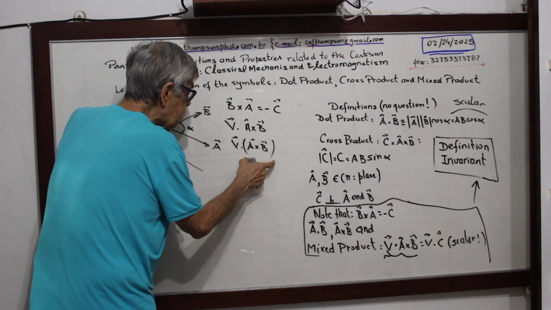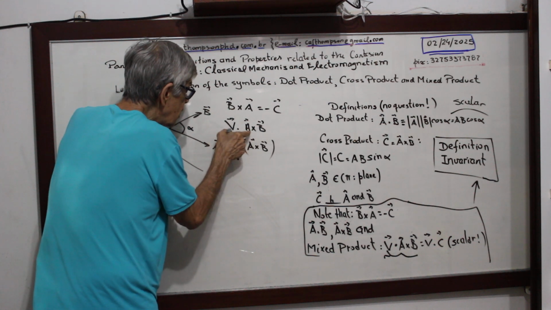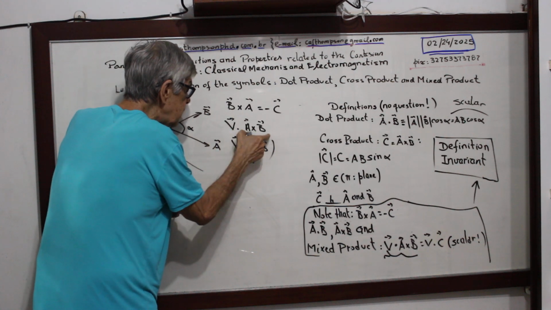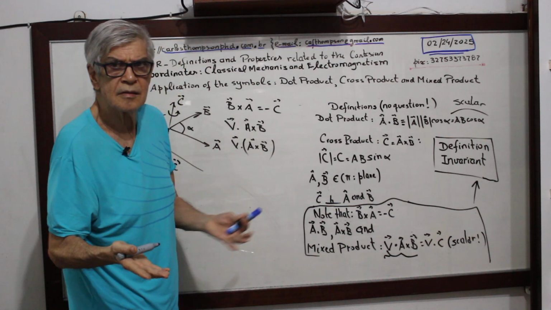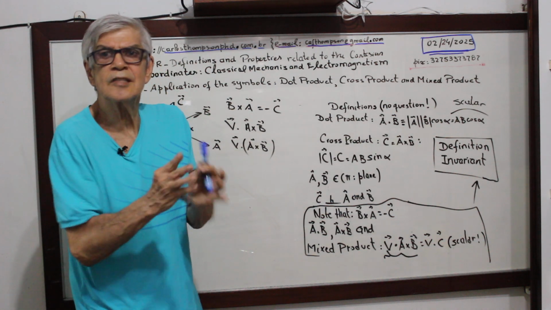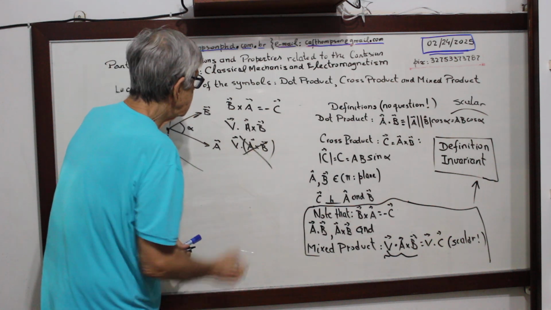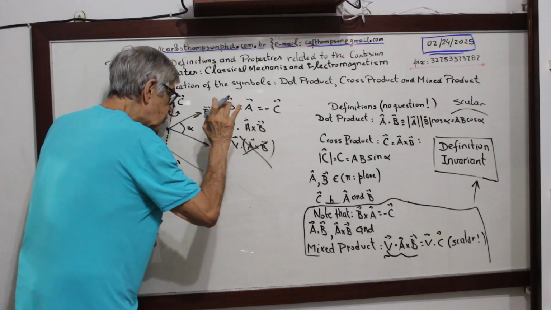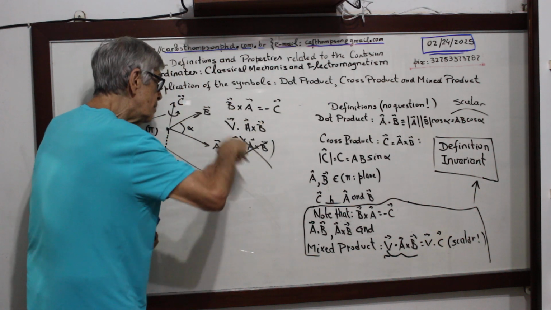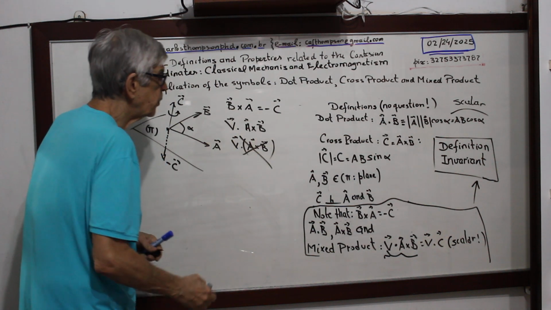If you don't put the parentheses, there is no V scalar A, because V dot A is a scalar, and a scalar cross B is nonsense. There is no definition. The definition of cross product is not a scalar cross. That's why the parentheses are redundant. You first calculate A cross B and then make the dot product with the vector V.